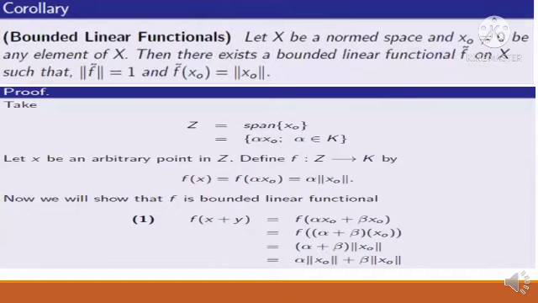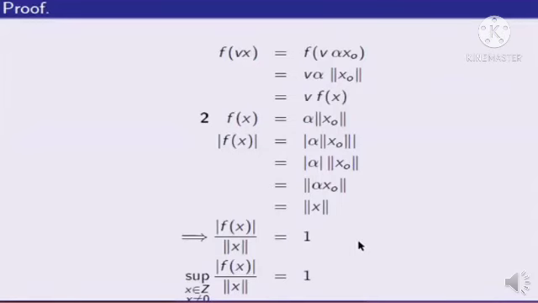Now we will see the second condition of a linear functional. So we take a scalar multiple of x, which is equal to v alpha x0, because x is equal to alpha x0.